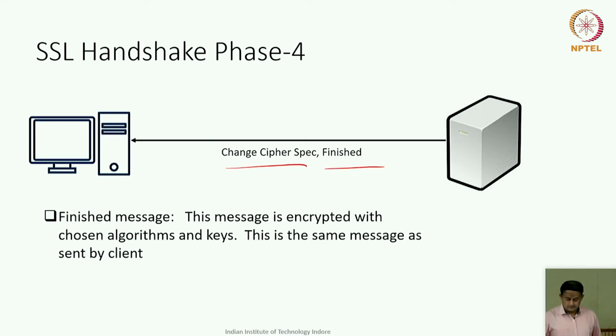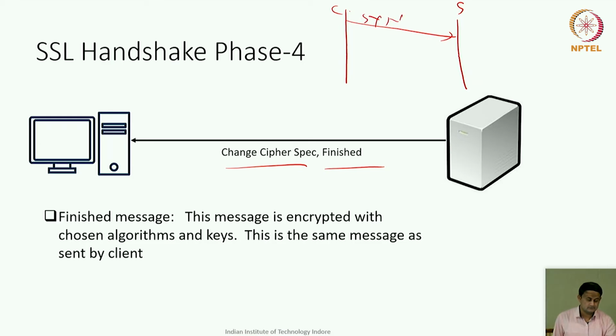So an interesting thing to note is this SSL handshake happens after the TCP 3-way handshake, meaning if the client is here and the server is here, the client sends a SYN message to the server, and the server sends as usual SYN plus the acknowledgement, and the third message, an acknowledgement, goes back from the client to the server.